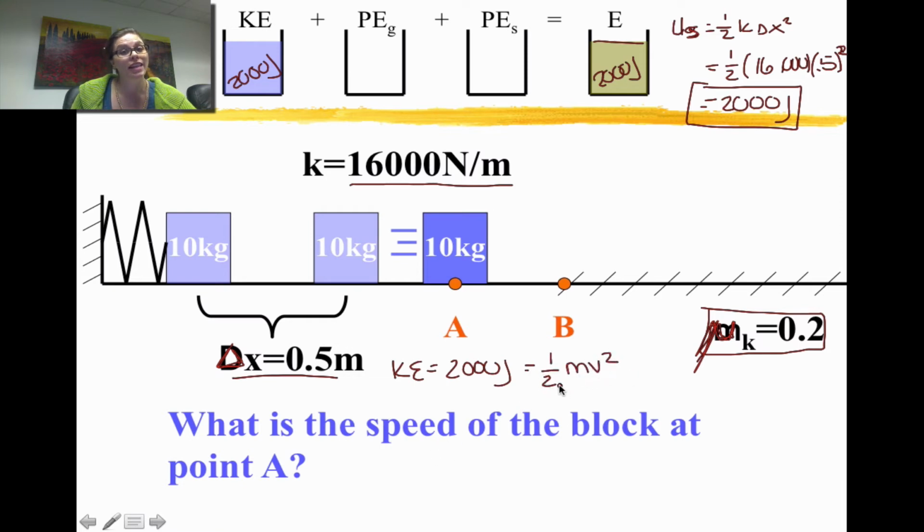We know the mass is 10, so 1/2 of 10 is 5, so 2,000 divided by 5 is 400 equals v squared, and that just happens to equal 20 meters per second equals v. Pretty fast, 40 miles per hour. These are crazy numbers, but I'm able to do it in my head, so it works.